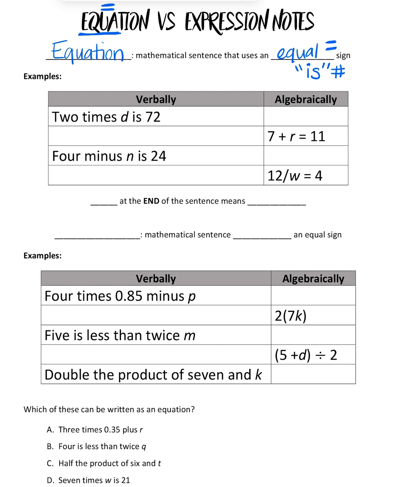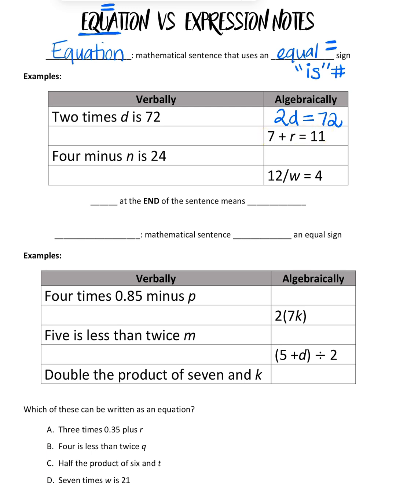So 2 times D, we know that would be 2D, because when a number and a letter sit side by side, there's an invisible multiplication symbol in the middle. So we have 2D, and then it says is 72. So is equals 72. That's an example of an equation, again, because it has that equal sign or that is.